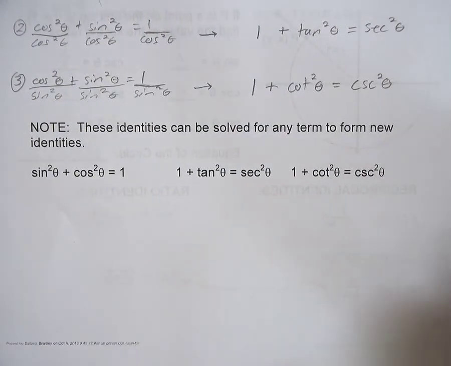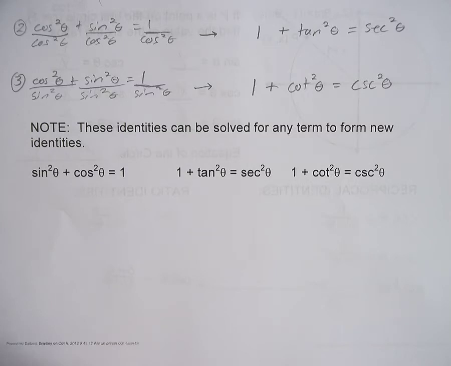Okay, so it says, note, these identities can be solved for any term to form new identities. It's kind of like saying your Pythagorean theorem can be solved for A, B, or C, and you can come up with a new formula.